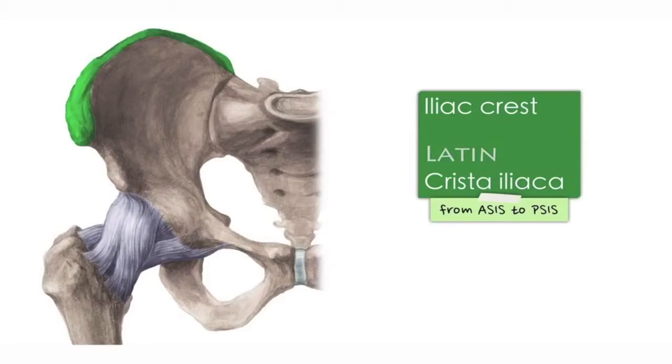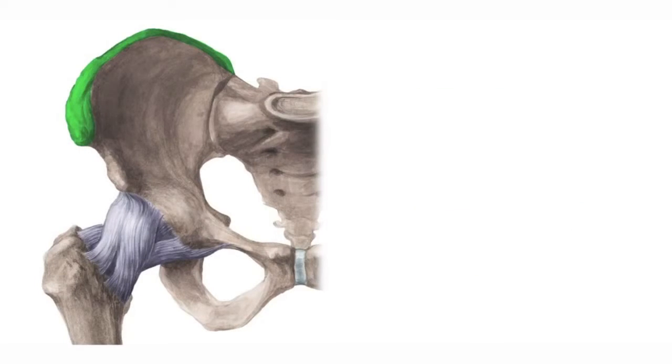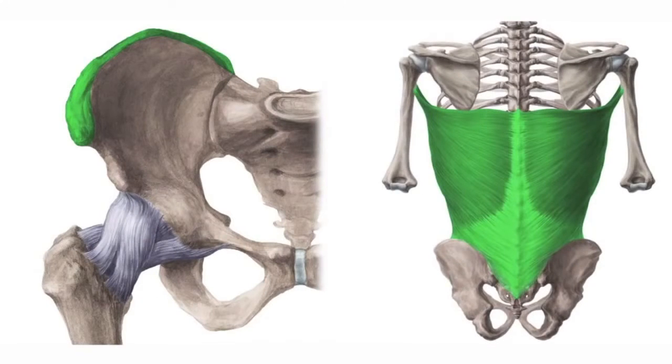An important thing about the iliac crest is that it serves as an origin and insertion point for certain muscles. It's an attachment point for muscles, including a very important and large muscle of your body known as the latissimus dorsi.